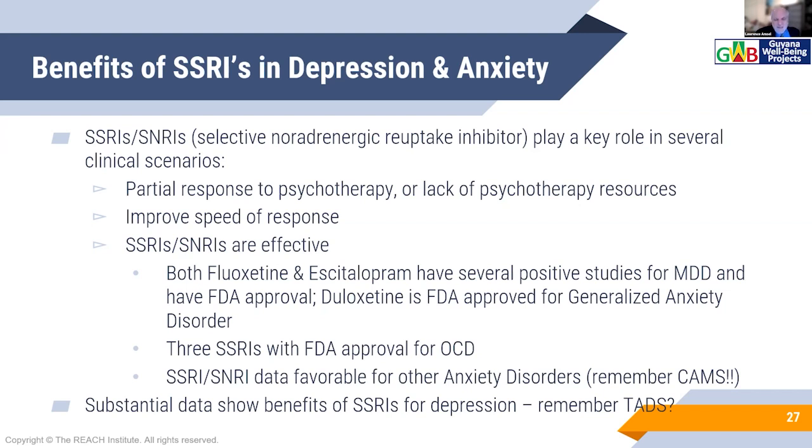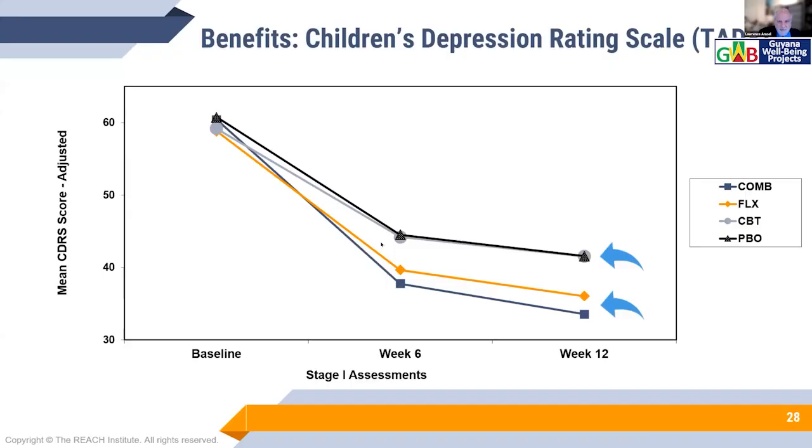And there's substantial data that shows that these are beneficial, that these will help people with depression. And they will make a huge difference for people who are in severe depression. When people are in actually severe depression, as many of you clinicians know, you can't talk to them and do cognitive behavioral therapy with them.